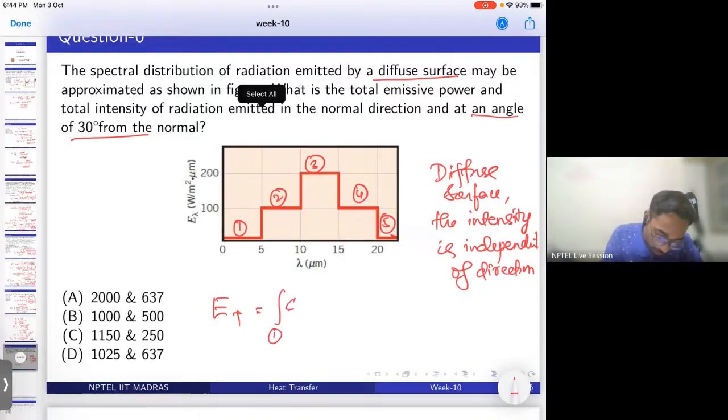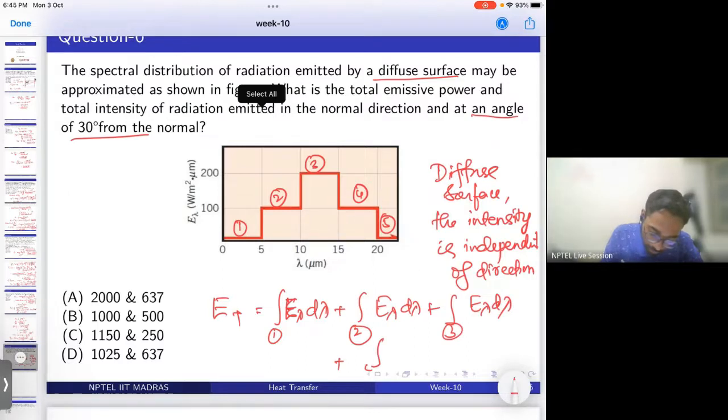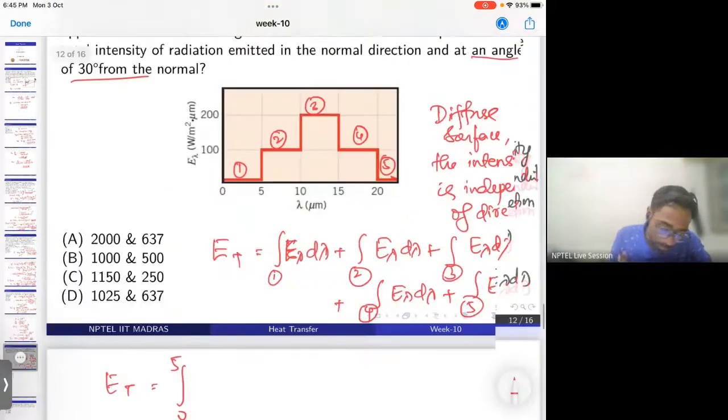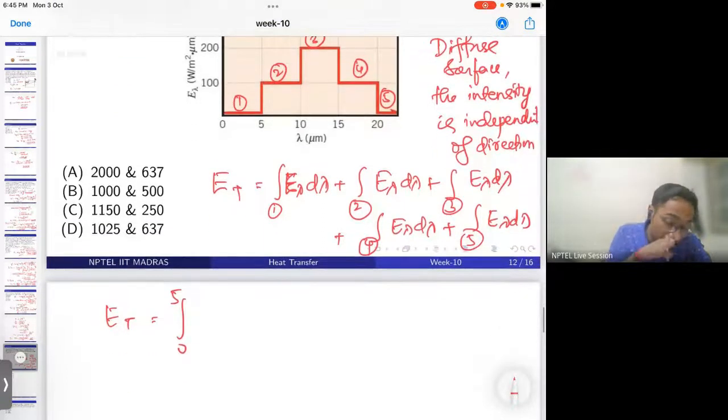For region 1, E lambda d lambda, plus region 2, E lambda d lambda, plus region 3, E lambda d lambda, plus region 4, E lambda d lambda, plus region 5, E lambda d lambda. So for region 1, the limits are from 0 to 5. So E lambda is 0. There is no emission in the interval 0 to 5.